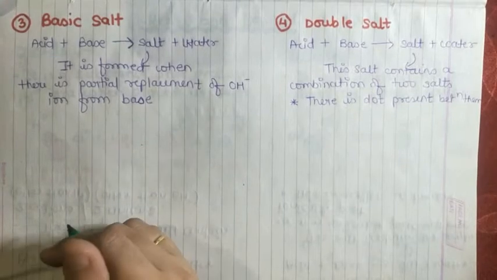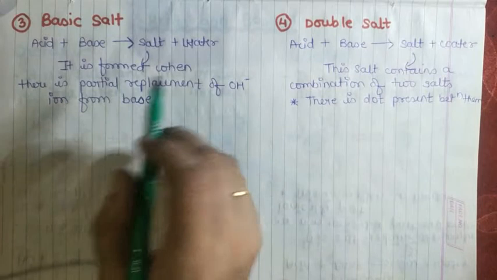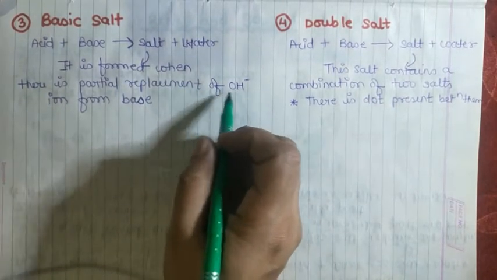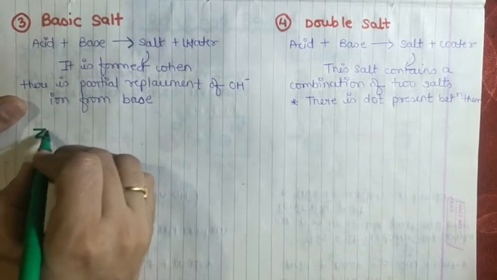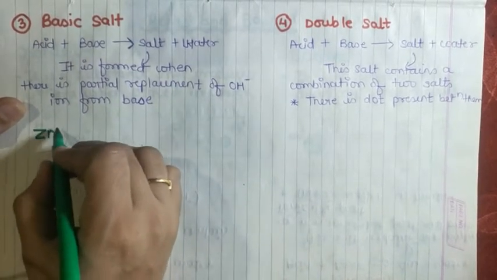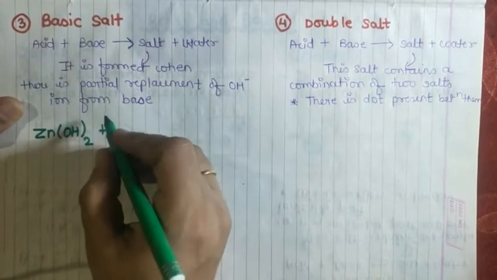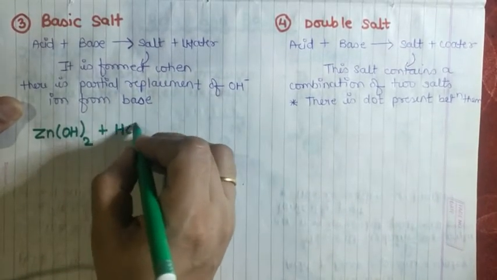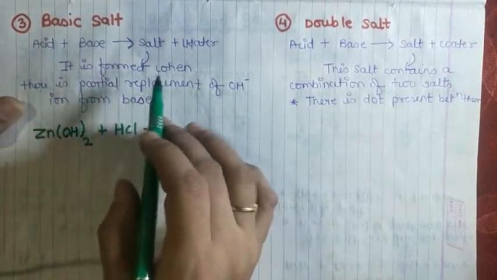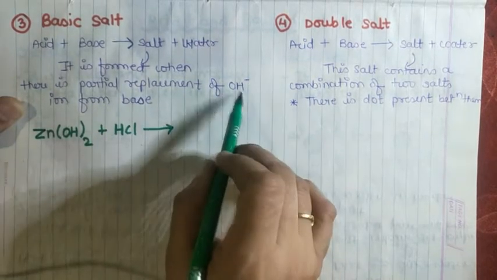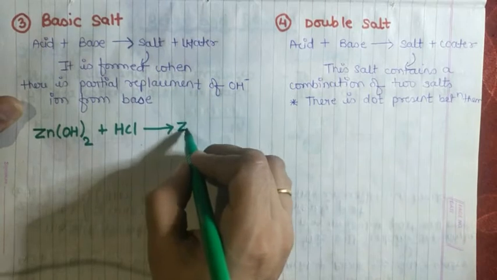Now let's talk about basic salt. How is it formed? These are formed when partial replacement of the hydroxyl ion takes place from the base. Let's take an example of a base, zinc hydroxide, reacting with, suppose, HCl. By definition there is a partial replacement of the hydroxyl ion. That means one OH ion will remain with the Zn.